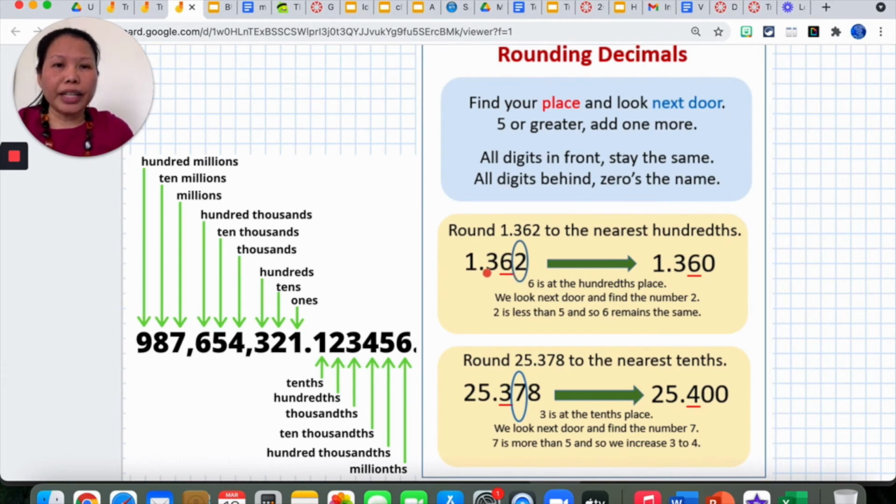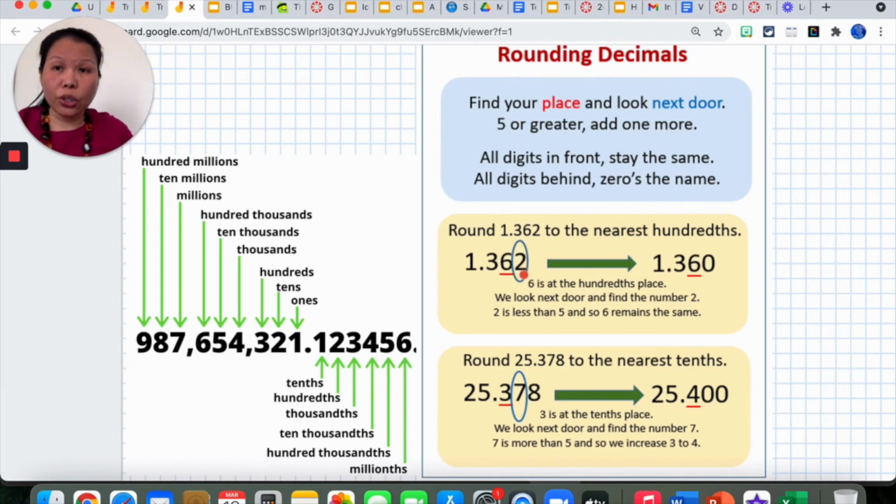So the hundredths place is the second number behind the decimal. And this is the number that I'm underlining in red here, the 6. Look to the number on the right of that one. If it's 5 or more, we round up by adding 1 to the number in front. If it's less than 5, like 0, 1, 2, 3, 4, then we keep it the same and everything behind becomes zero.